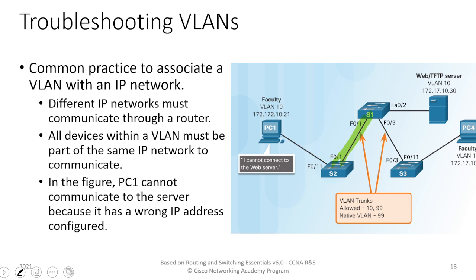Only if it can carry traffic belonging to VLAN 10, we can effectively communicate between PC1 and the web server. So when we are configuring that trunk on these switches, we should allow VLAN 10 as part of the allowed VLANs. If we miss that configuration, that communication could be affected.